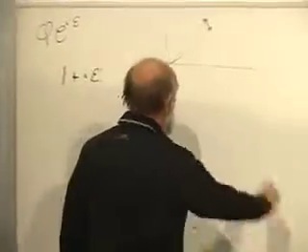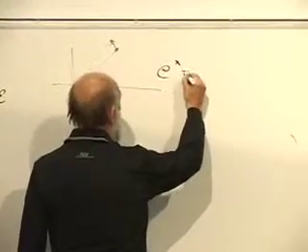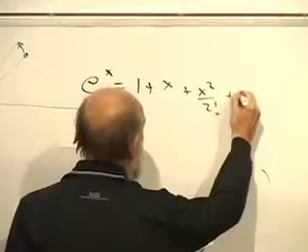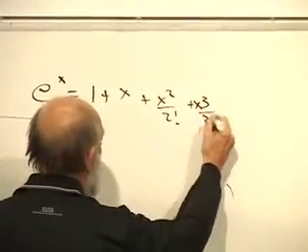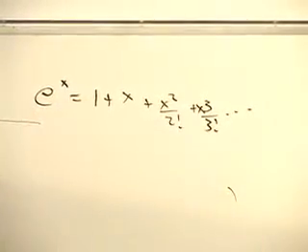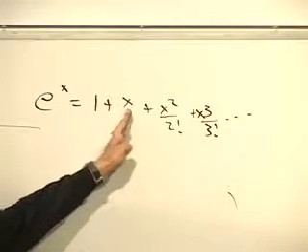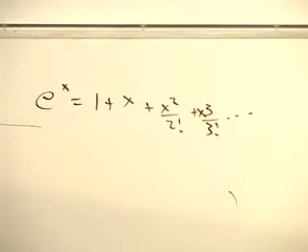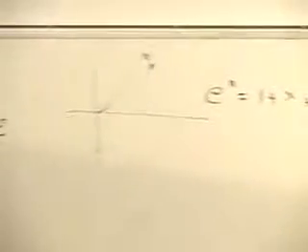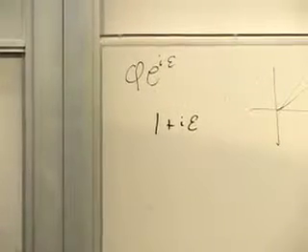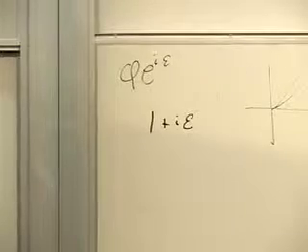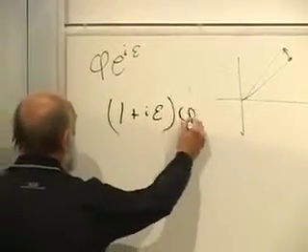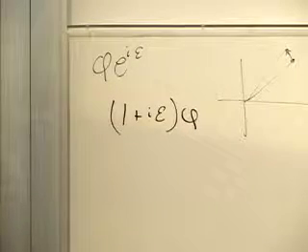That's just the formula that e to the x is equal to 1 plus x plus x squared over 2 factorial plus x cubed over 3 factorial, blah, blah, blah. If I terminate this after the first term for very small values of x, then e to the x is 1 plus x. E to the i epsilon is 1 plus i epsilon. So for small epsilon, what we're doing is multiplying phi by 1 plus i epsilon.